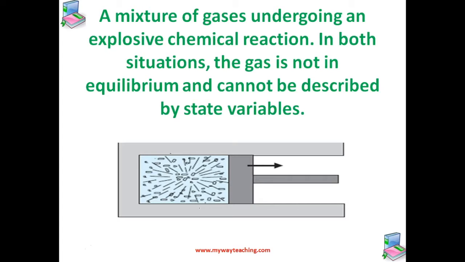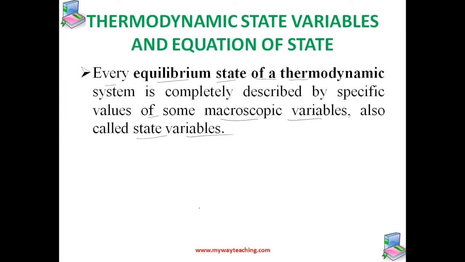The connection between those state variables is called the equation of state, which is very important. That is, PV is equal to mu RT.